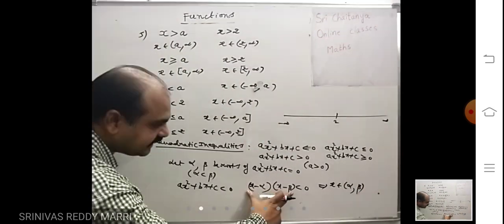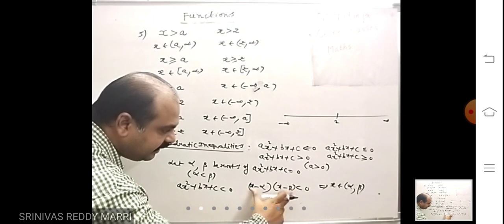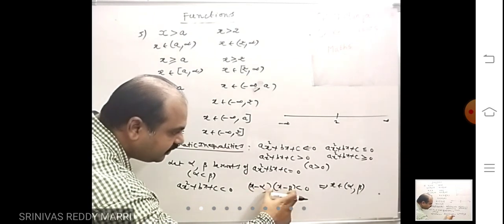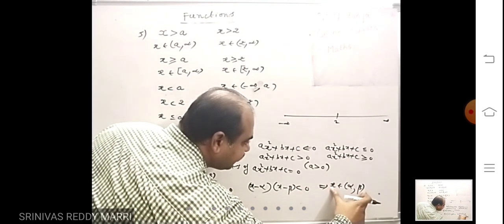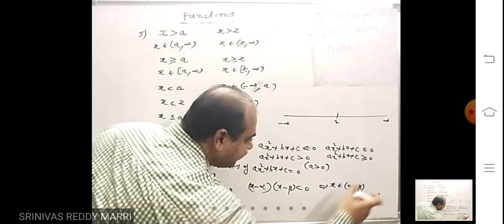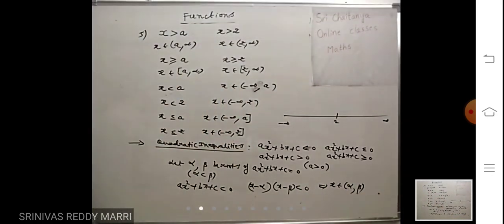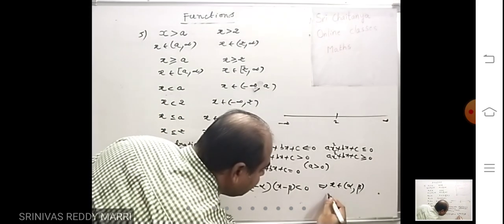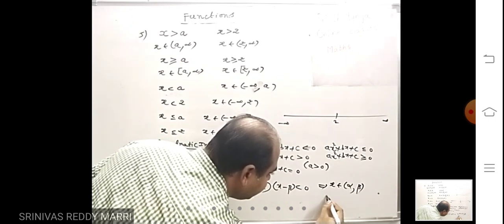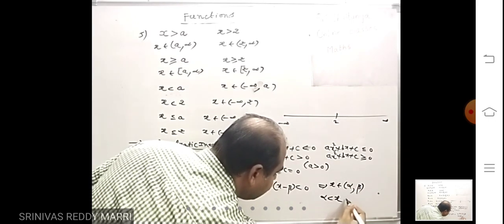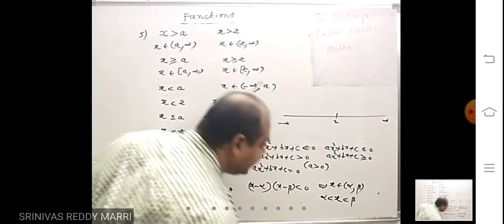So the solution set of this type of inequality, where x minus alpha into x minus beta is less than 0, means x lies in the interval alpha comma beta. That means alpha less than x less than beta.